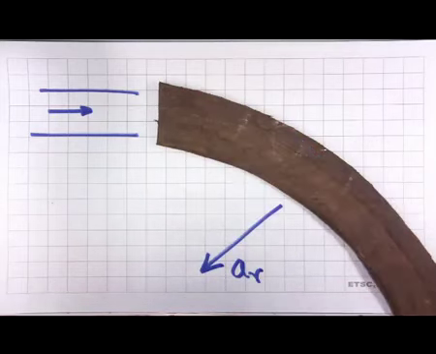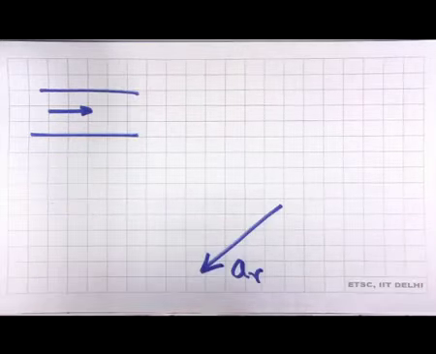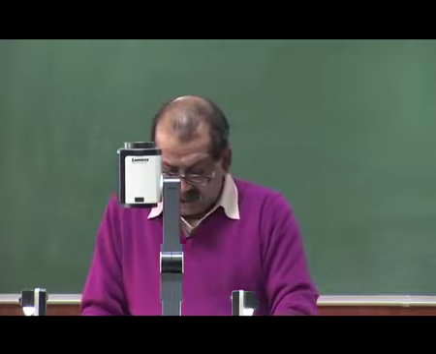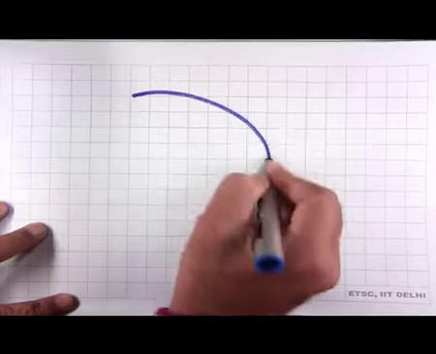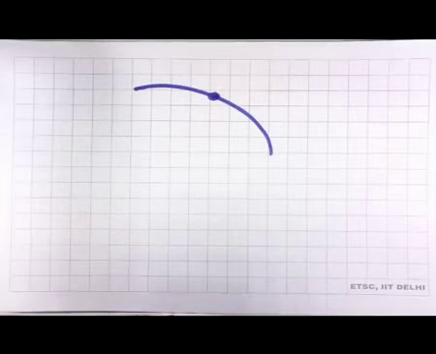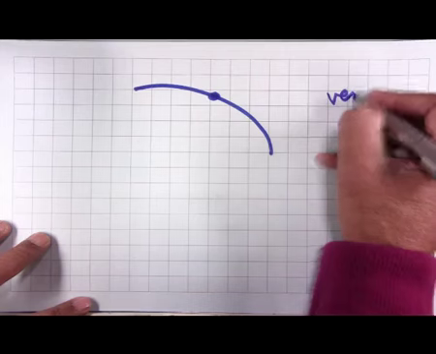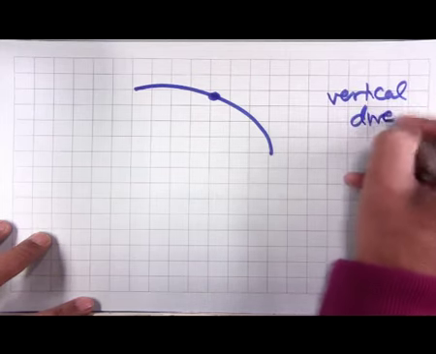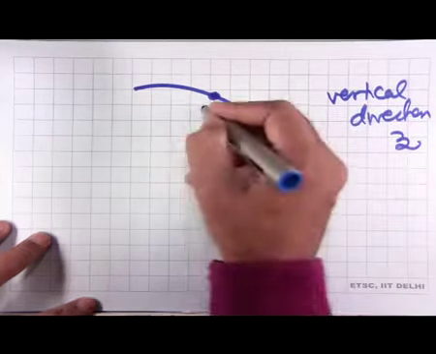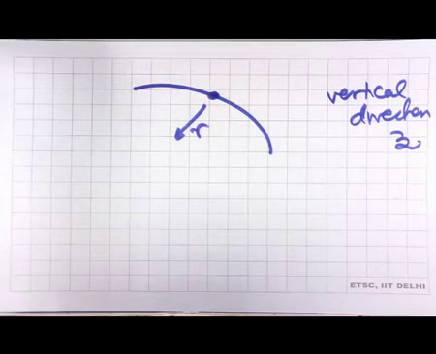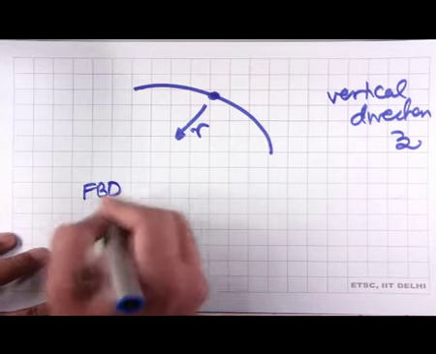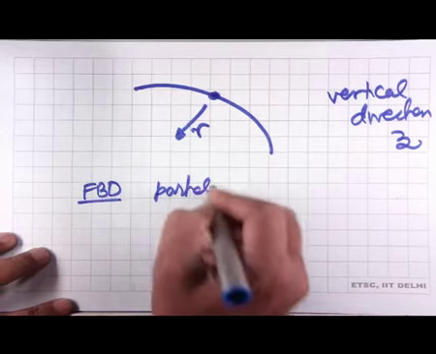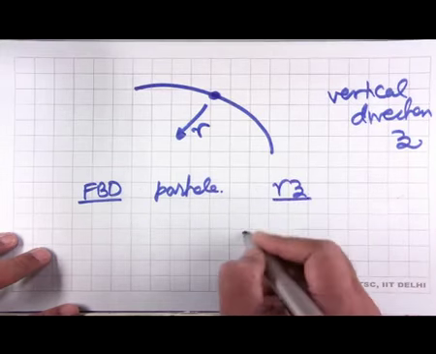And let us try to draw this body moving on a circular track. So, let me now show this in the figure on a plane. We have a curved track on which a body is moving. Let us say the vertical direction is Z, this is R, and now I draw the free body diagram of the particle, and I look at the RZ plane.